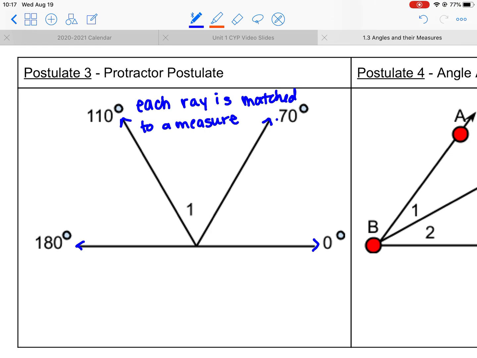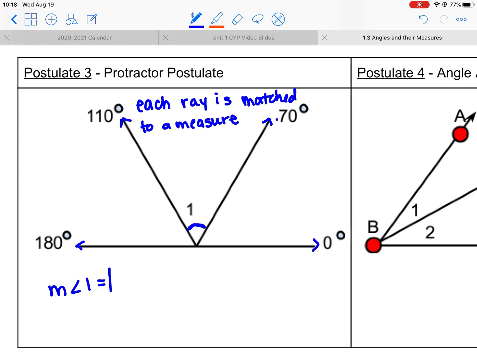So just like the ruler postulate, if you look at the coordinates based on a number line or on a ruler, you would subtract those. Here we're going to do the same thing. So to find the measure of angle 1, which is the angle that's made up between these two rays, I am going to subtract and take the absolute value because measurements are positive numbers.